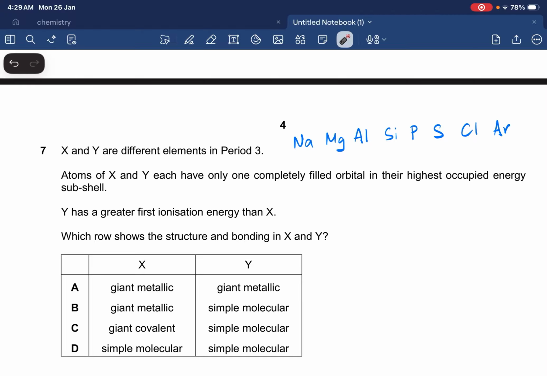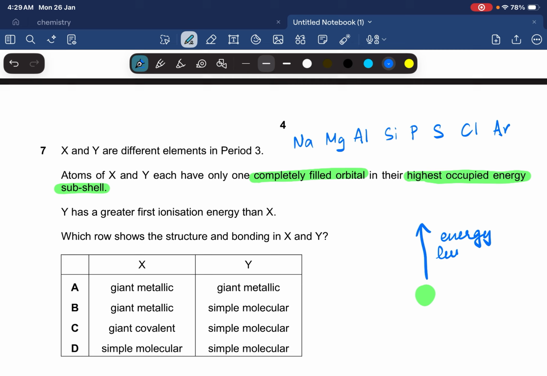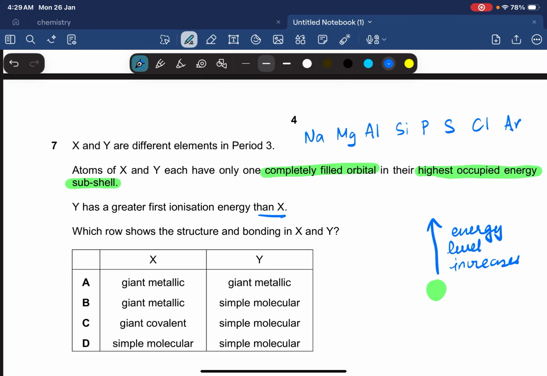So this is your nucleus, and as you move away from the nucleus, the energy level increases. So in the highest subshell, they basically have one completely filled orbital. Y has greater first ionization energy than X.